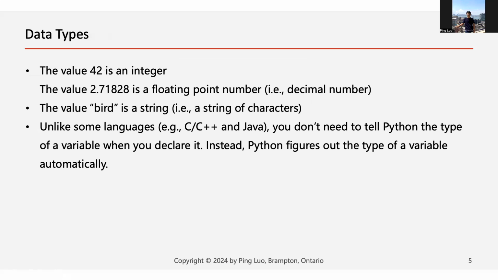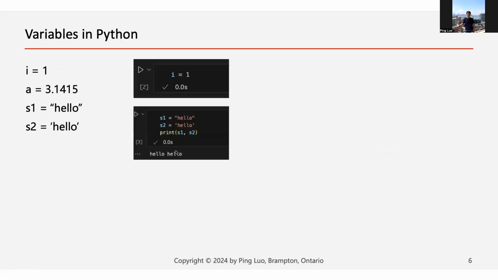And also for data types, it's similar to all the other languages. For example, we have integers, floating point numbers and strings. In other languages like Java, we need to declare a variable and then use it. But in Python, we can directly use it. If I want to use a variable I to store the value 1, I just directly use it, and I can use I in the future.